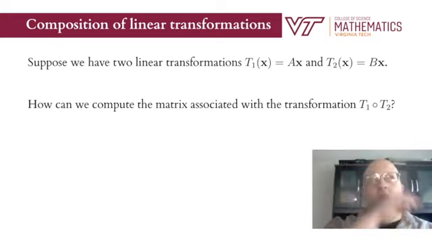Suppose we have two linear transformations. Transformation 1, which is given by the matrix A, and transformation 2, which is given by the matrix B. Then how can we find the associated transformation, T1 composed with T2?